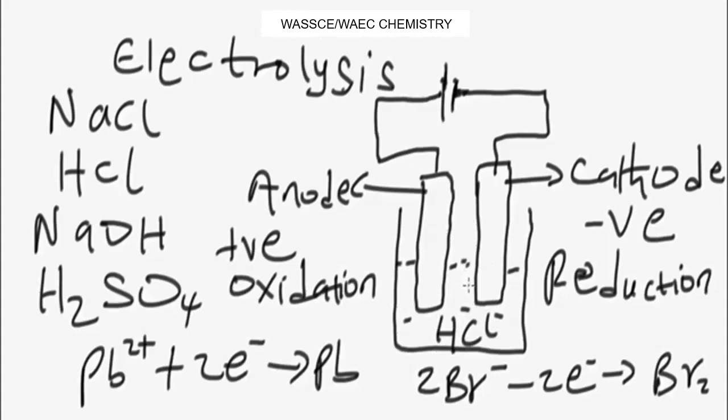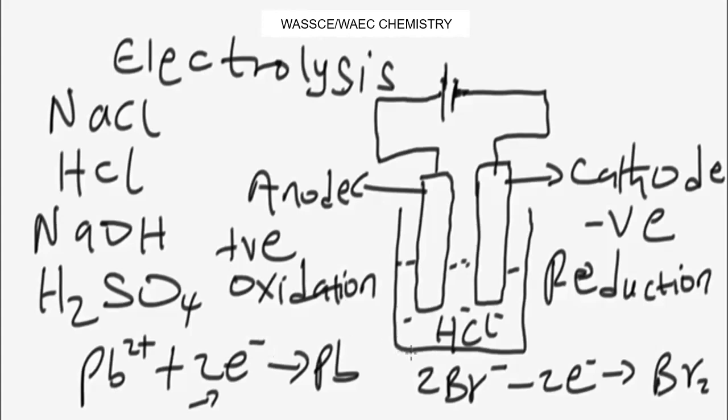The positive ions in the electrolyte will move towards the cathode, the negative electrode, just like here, and they get reduced by gaining electrons to form an atom of the element.